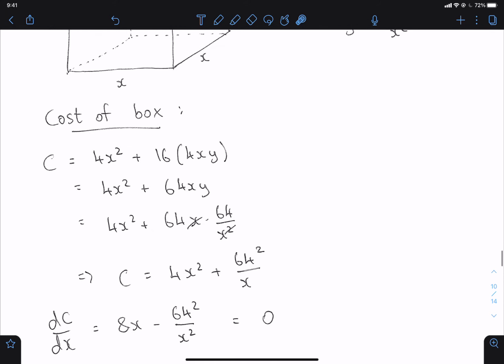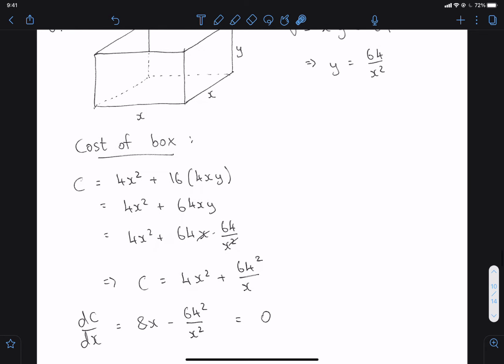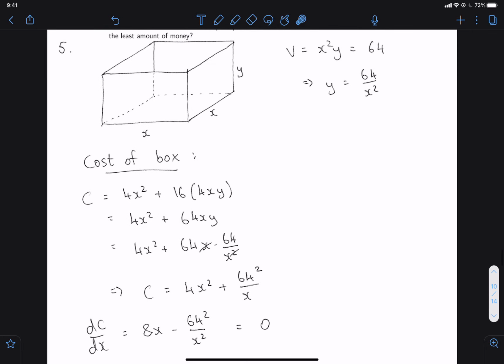Now what we really want to figure out is the cost of the box. So the cost includes two parts. One part is the cost of the total 4 sides, and the other part is the cost of the base, because the materials for constructing these two parts are different. They cost differently.